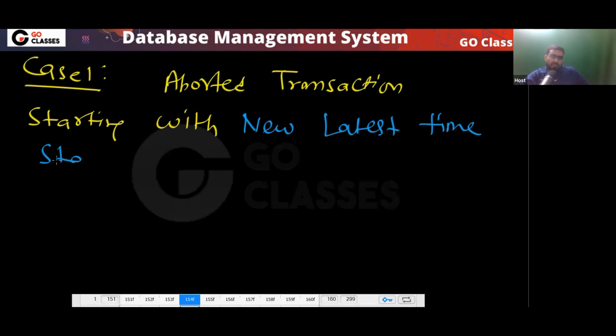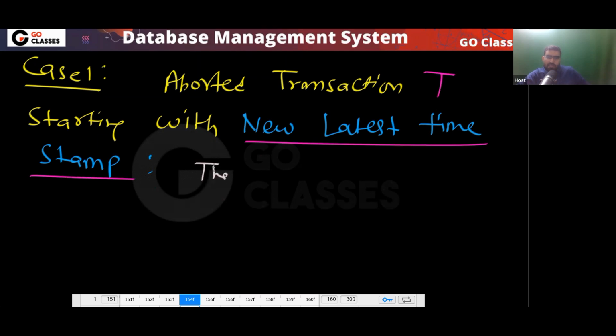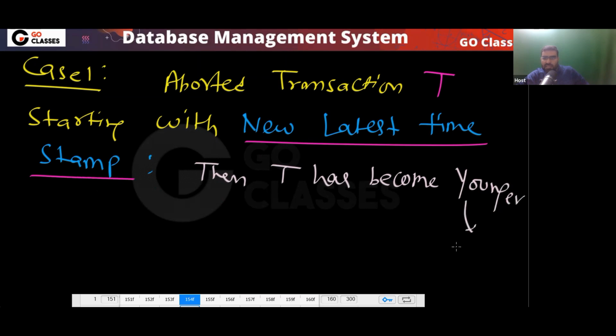Then what will happen? It will become younger. Aborted transaction T has become younger, which means less priority.